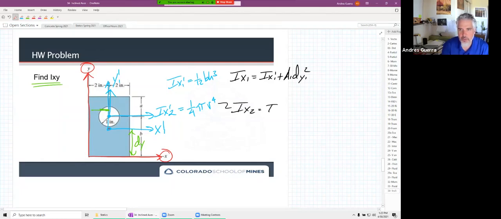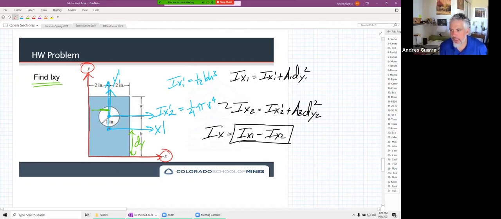Ix2 would be equal to Ix prime 2 plus A2 times d sub y2 squared. And so we do the parallel axis theorem for each segment. And then our Ix for the whole thing, because it's a void, Ix1 minus Ix2. So we subtract them in the end because it's a void there.